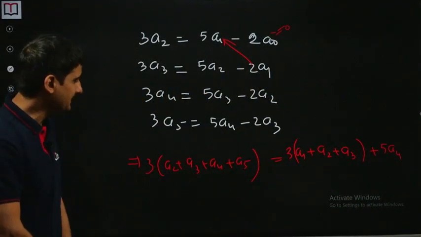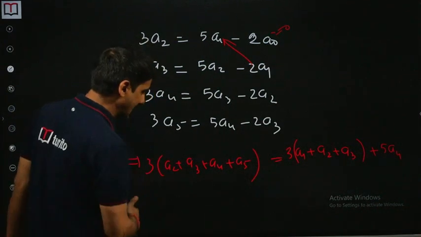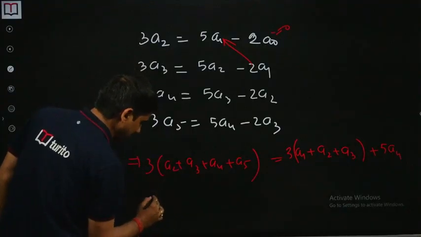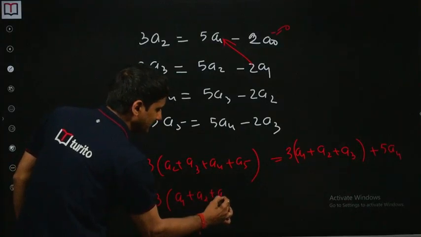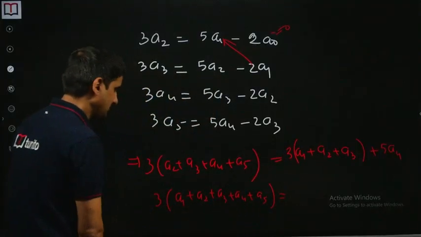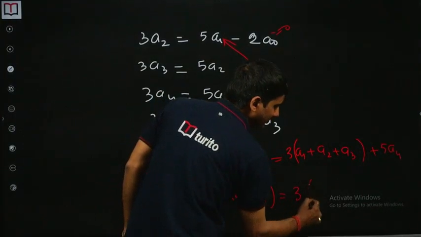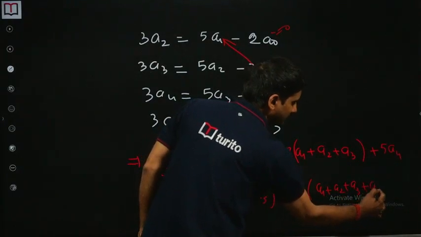Okay, so that's again a pattern here. Will that help us? So if I add a1 here, it's 3 times a1 plus a2 plus a3 plus a4 plus a5. That's what we need, which is 3 times a1 plus a2 plus a3 plus a4.